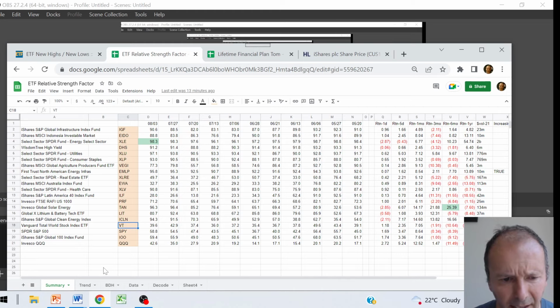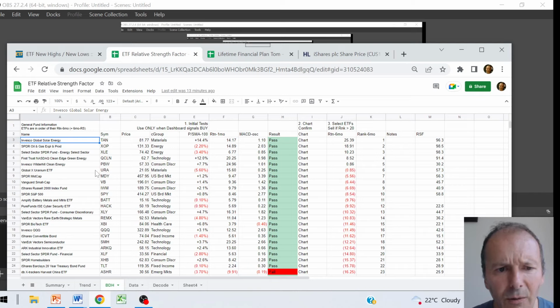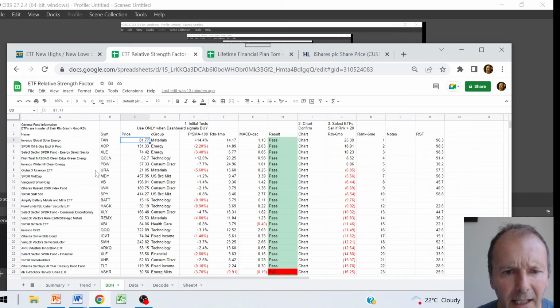So this ETF Screen website also has various built-in screeners. This one is based on Buy Don't Hold from Leslie Masonson, and it has a select few ETFs, and then it looks at price versus simple moving average over 100 periods, 1 month return, MACD oscillator.